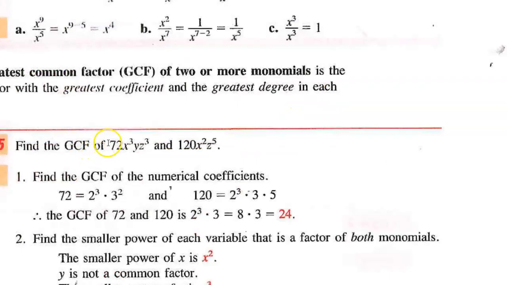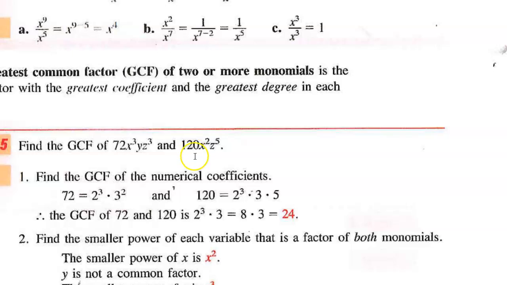Find the greatest common factor of 72 x to the third power y z to the third power and 120 x to the second power z to the fifth power. And the authors have shown out the solution. The first thing they did was put their attention on the coefficients, the 72 and the 120, and found the greatest common factor as we learned about yesterday.